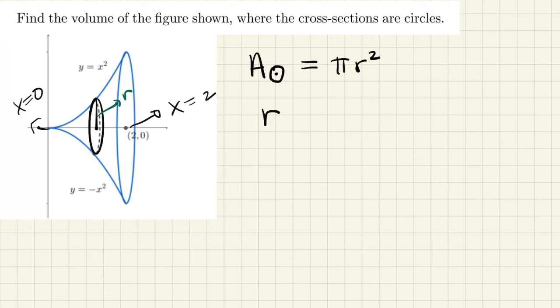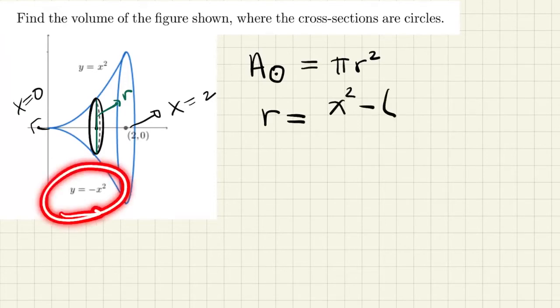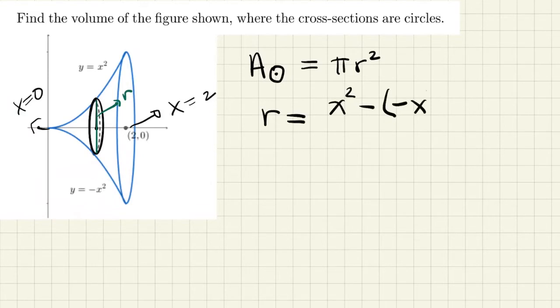So kunin muna natin yung diameter, then we divide it by 2, so we get the radius. So how do we solve again r? So again, upper minus lower. So the upper curve is y equal to x squared. So that is x squared minus yung lower, which is negative x squared. So minus negative x squared all over 2 to get the radius.